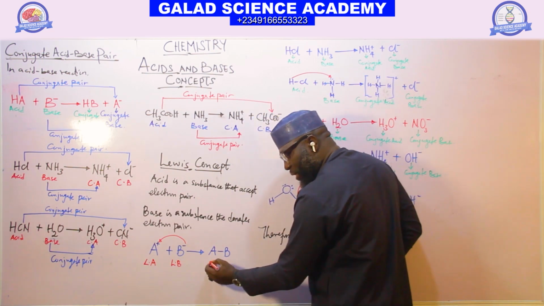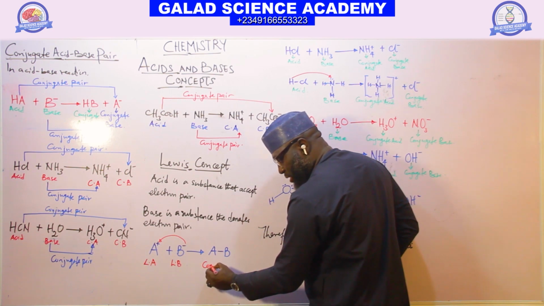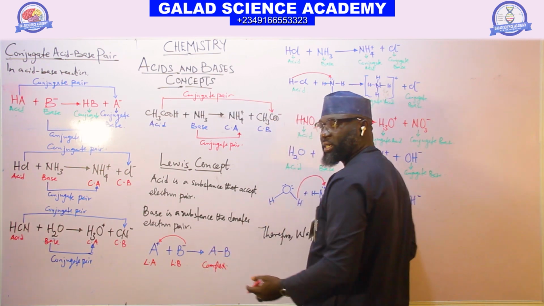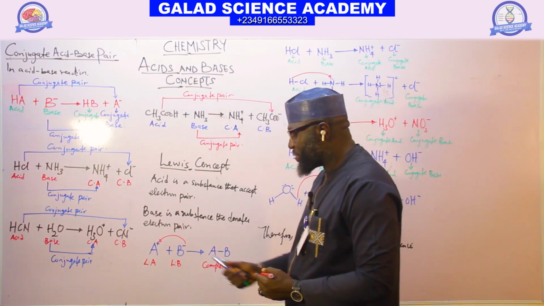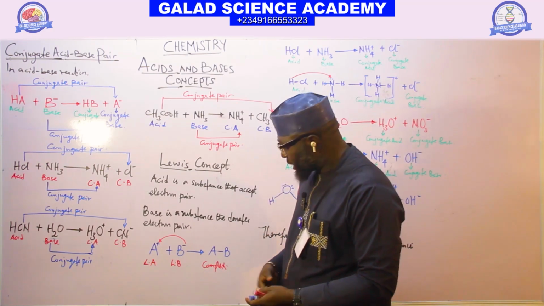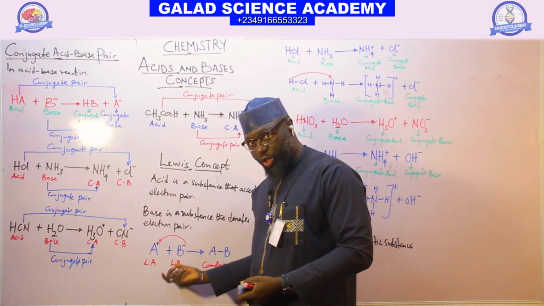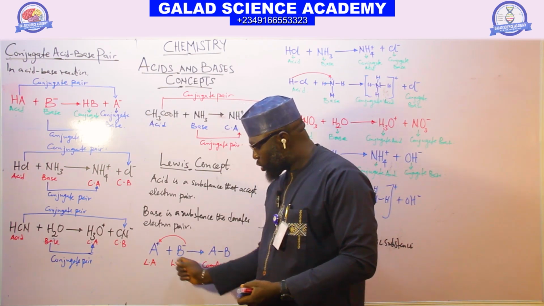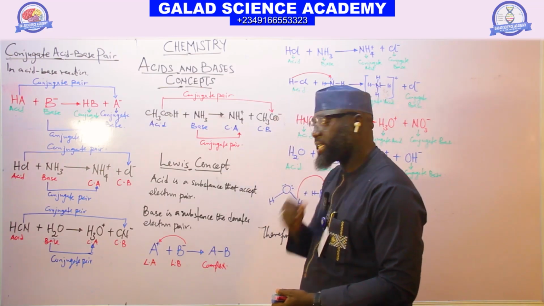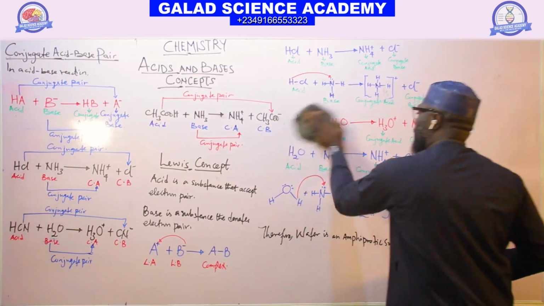The product formed here is a coordinate compound, a complex compound. If you look at the kind of bond we have here, it's also a coordinate covalent bond, that is, the shared electrons are produced by one species. So this is a good example of a Lewis acid and Lewis base. Let me rub this side and give more examples on it.